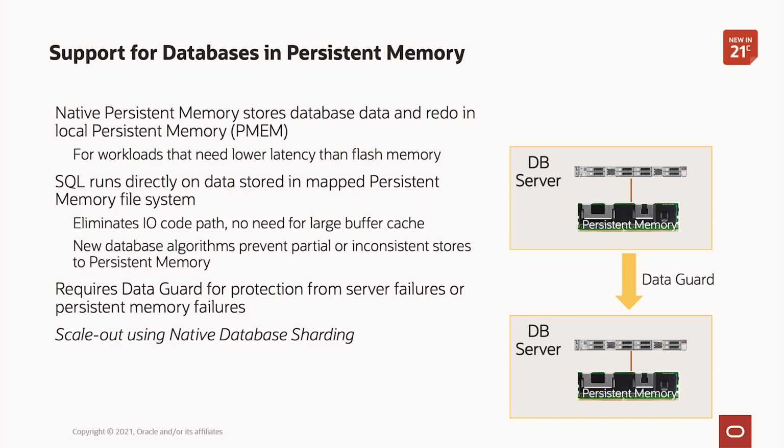Additionally, you can protect these database instances along with sharding and Data Guard. So if one of the nodes goes down and all your data is sitting in the persistent memory, you don't lose your entire data. Data Guard will help us with a copy of this data, and the failover will happen to the standby. Now, with persistent memory, things like Data Guard failover also work faster.